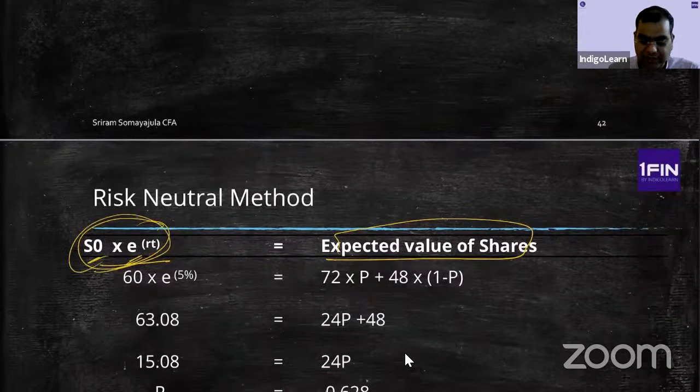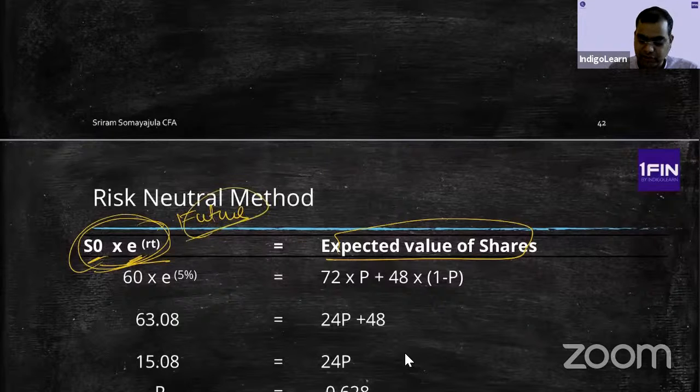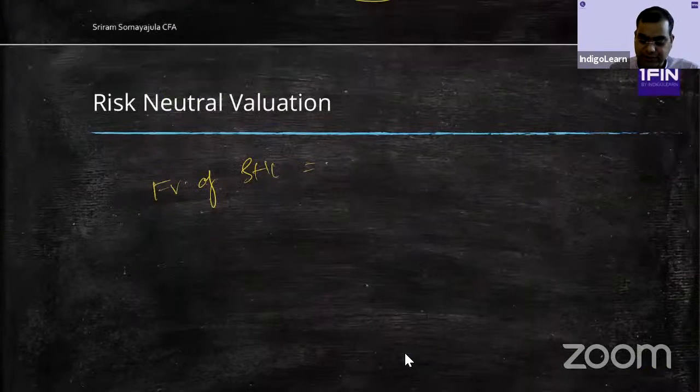This is S0 into e power RT. If you remember, assume there is no dividend. S0 into e power RT is your futures price. Futures value is equal to expected value.